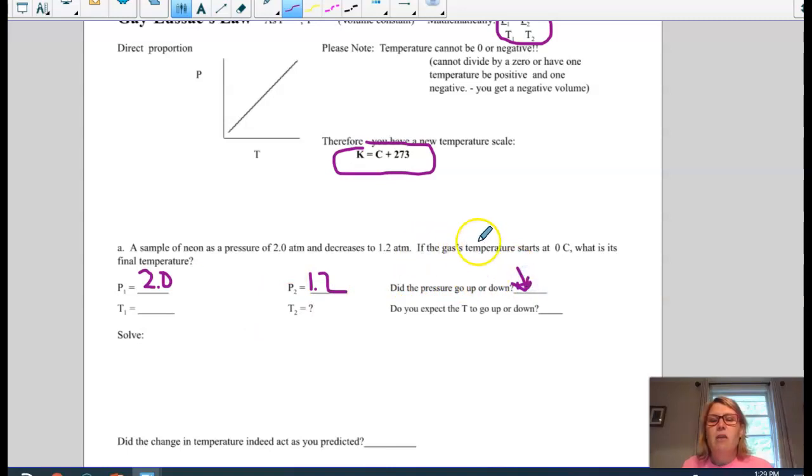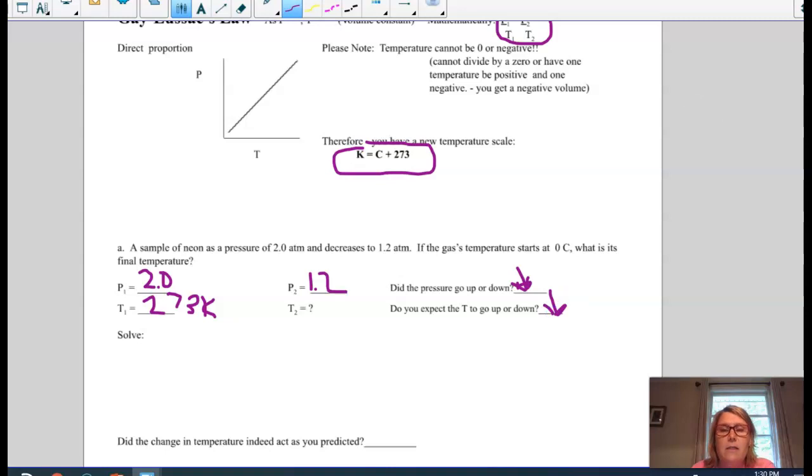If the gas's temperature starts at 0 Celsius, so 0 plus 273, now I said up here the temperature cannot be 0 Kelvin, but it can be 0 Celsius. So 0 plus 273 is 273 K. Pressure is going down, so temperature goes down. That's what we can expect to happen.